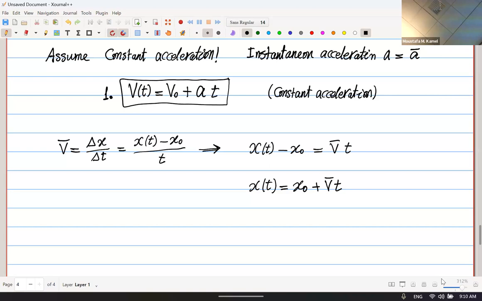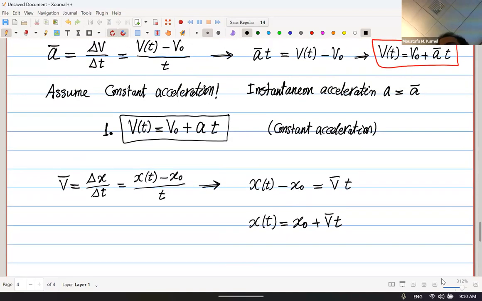But this is assumed to be constant, so we need to express our equations in terms of acceleration, not average velocity, because as we said, average velocity does not tell us information of what happens in between two positions. So we need to eliminate this v bar in favor of acceleration.